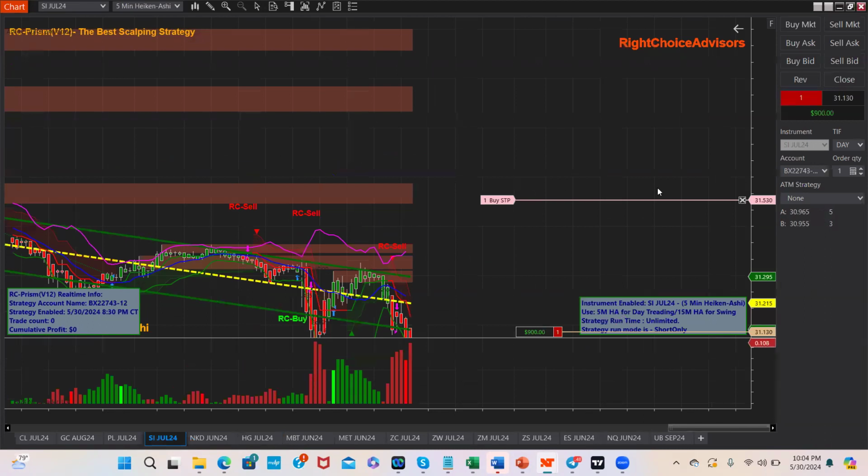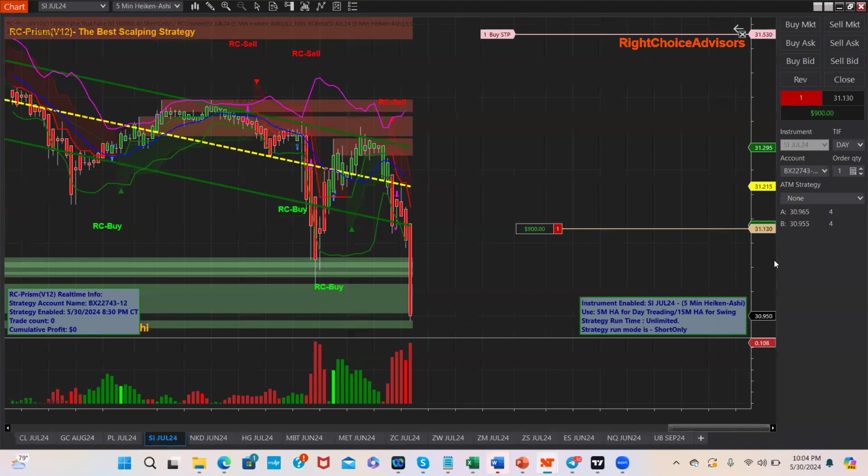Silver, wow, $900. Silver went all the way down. It made nearly $900 plus on this account.